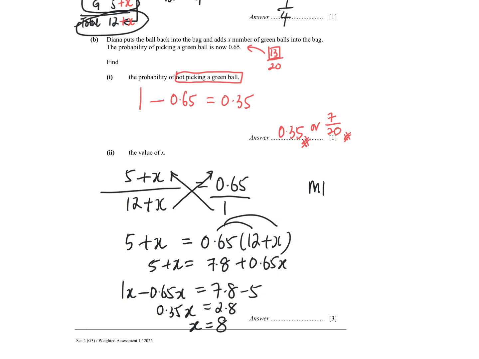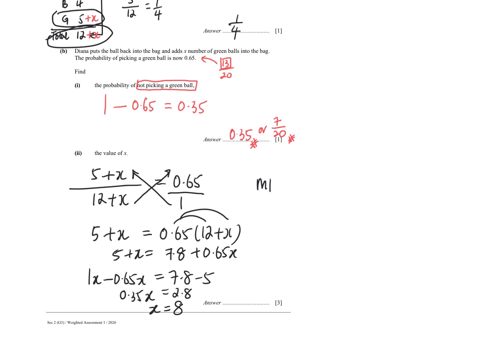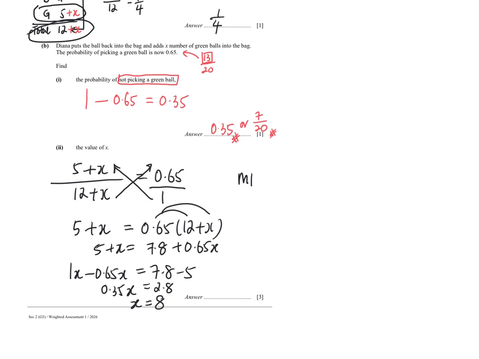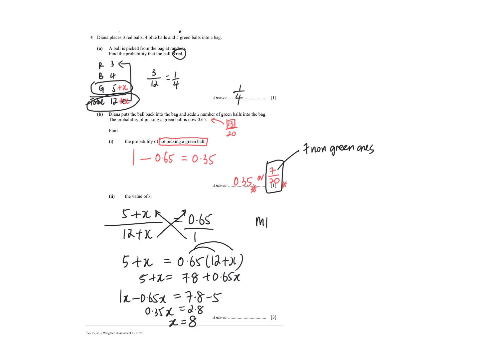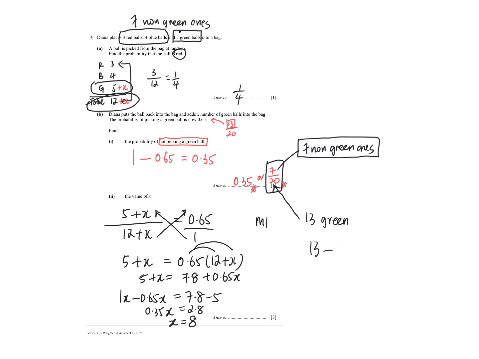Okay, some of you found a very easy way out. You all saw that out of 20 balls, there's 7 non-green ones, which if you go to the original question, there's 7 non-green ones. So it seems to suggest that out of the 20 balls, the 7 non-green ones means there's 13 green. And you having 5 originally means you have added in 8.